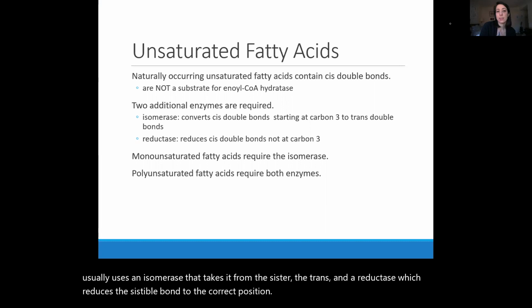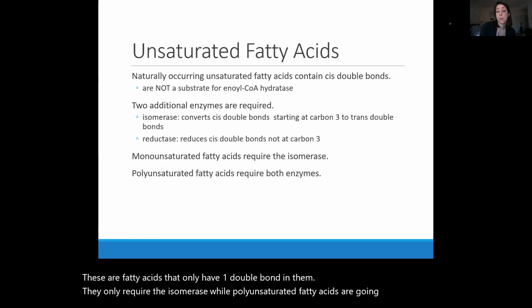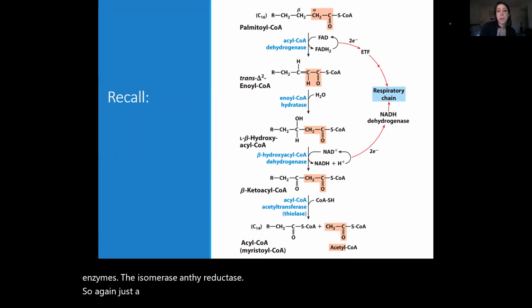Monounsaturated fatty acids, you'll see, are fatty acids that only have one double bond in them. They only require the isomerase, while polyunsaturated fatty acids are going to require both enzymes, the isomerase and the reductase. So again, just a reminder, here is the main layout of what you would do for a saturated fat.